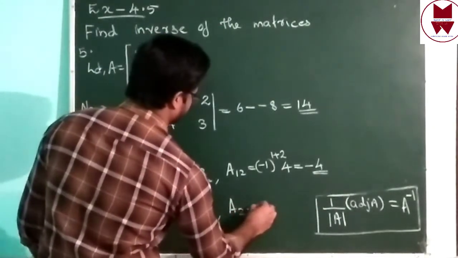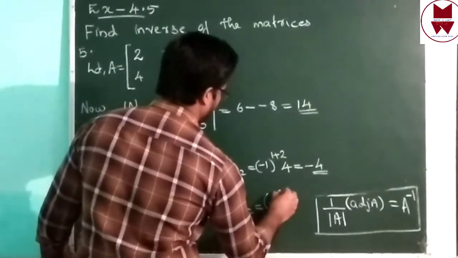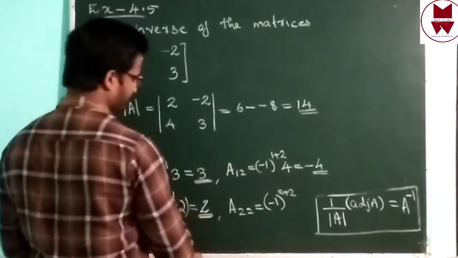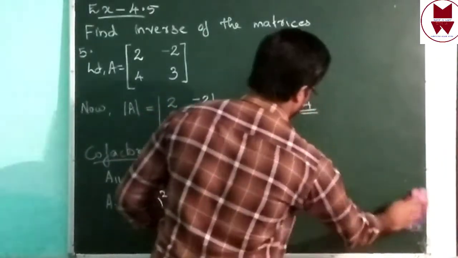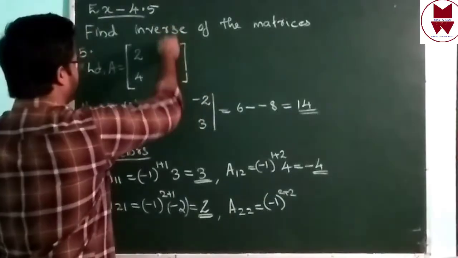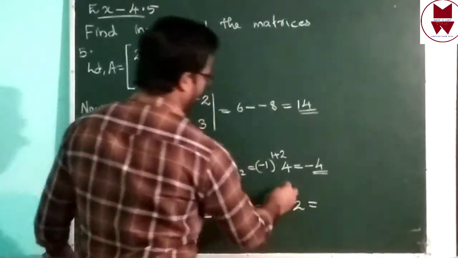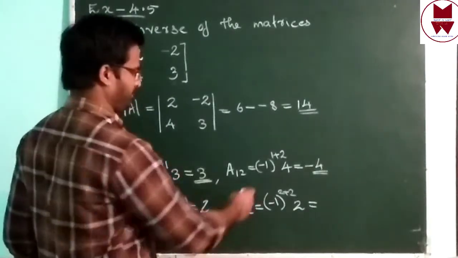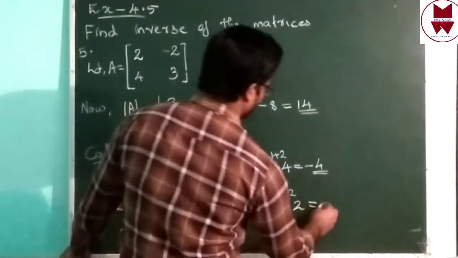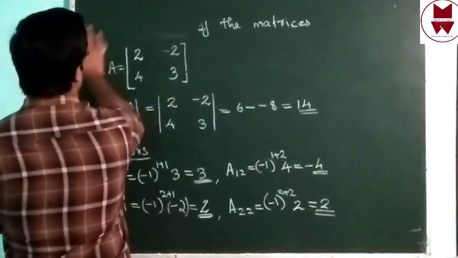A22: minus 1 all raised to 2 plus 2. Leave the second row and second column, then remaining only 2. Minus 1 all raised to 4 is 1, into 2, you will get 2.